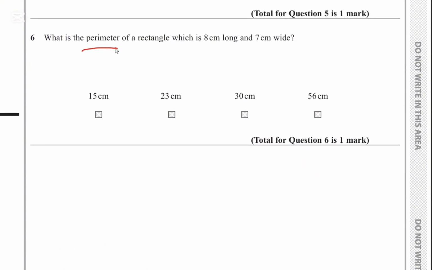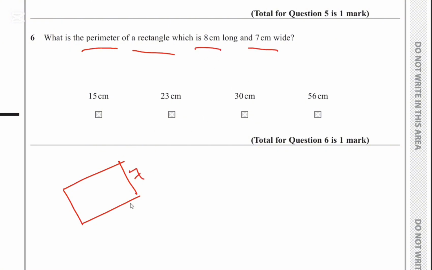What's the perimeter? Now, the perimeter and the area are two different topics. The area of something is basically how many things we can fit inside that shape. But the perimeter is the outside lines surrounding that shape. So here they're showing a rectangle with dimensions of 8 centimeters and 7 centimeters.